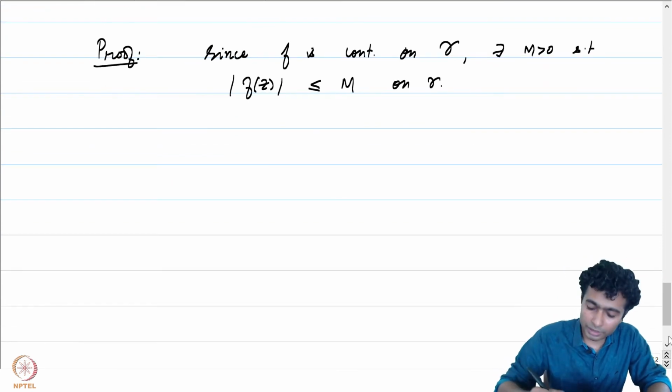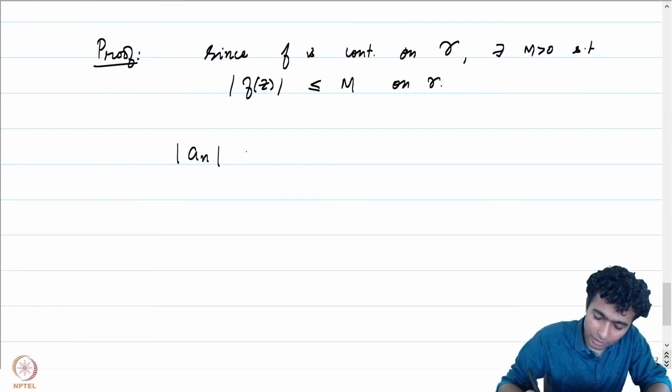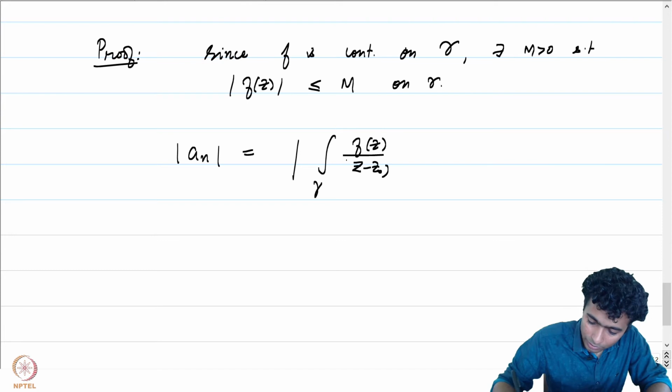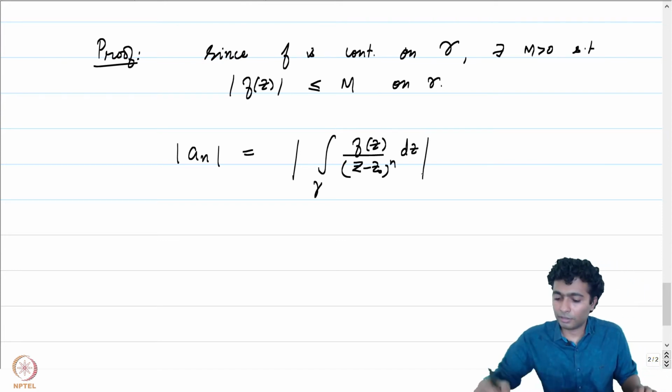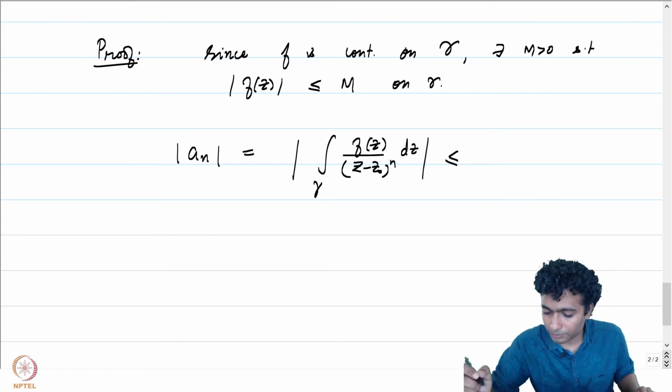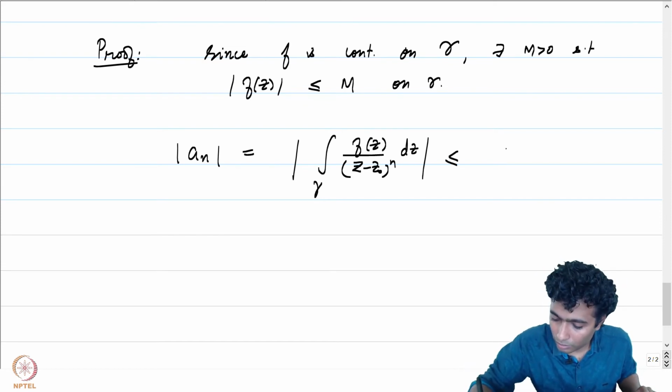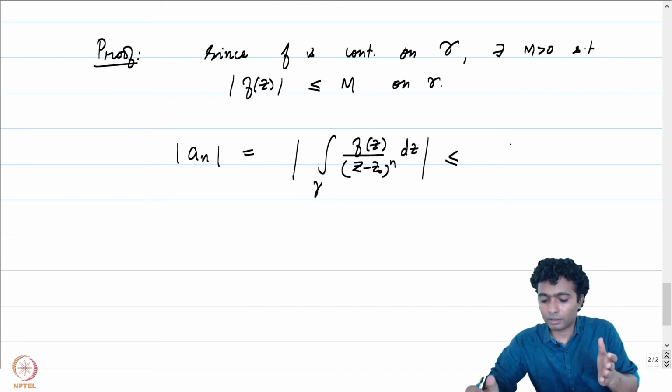And if you look at the absolute value of a n, this is the absolute value of the integral over gamma of f of z by z minus z0 to the power n dz, which is less than or equal to the integral of the term inside.